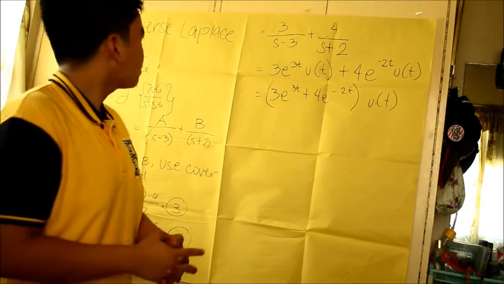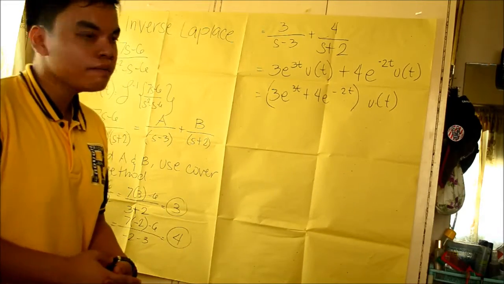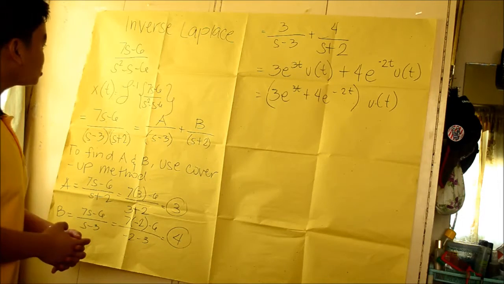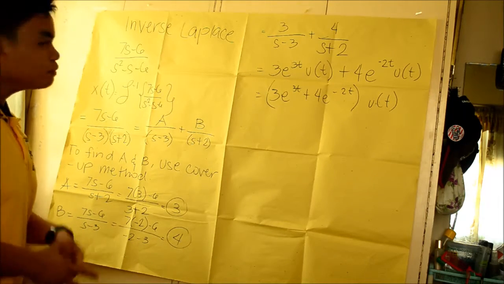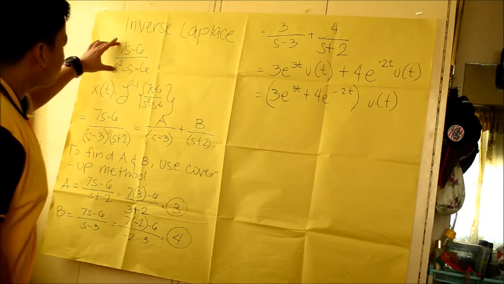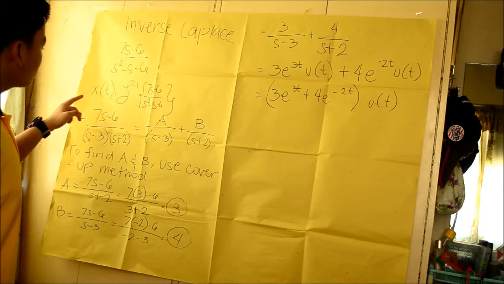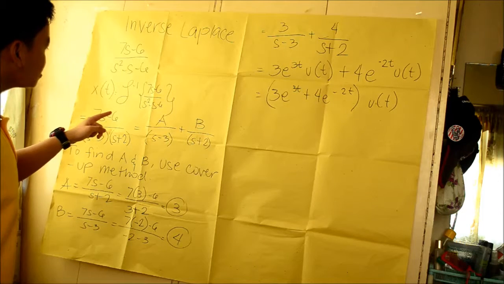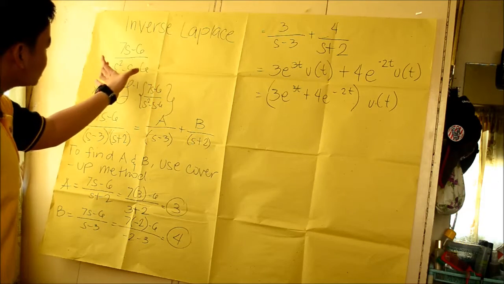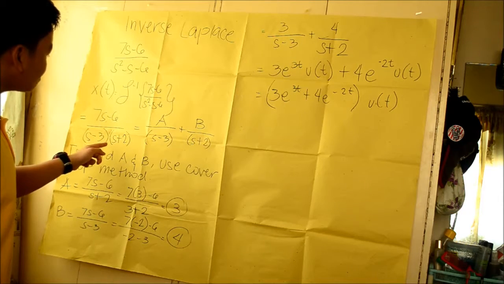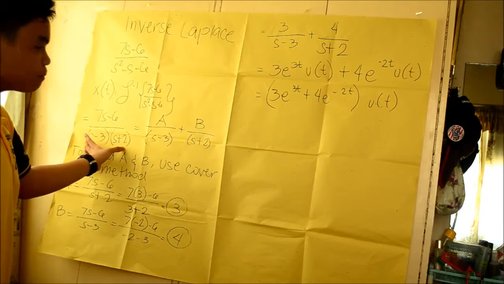This time is about inverse Laplace. We have given 7s minus 6 over s squared minus s minus 6. This is in Laplace form, so we will invert this. 7s minus 6 over, we will separate this by s minus 3 times s plus 2 in binomial form.